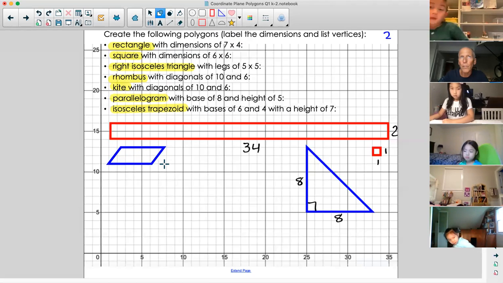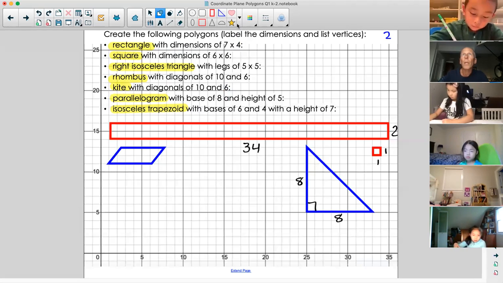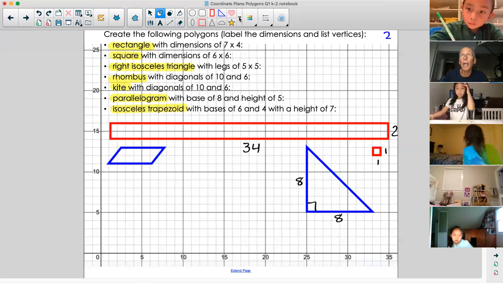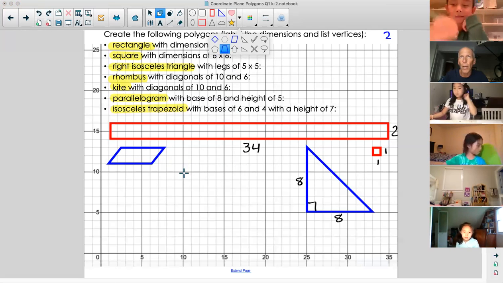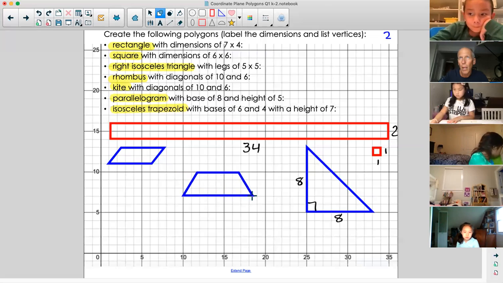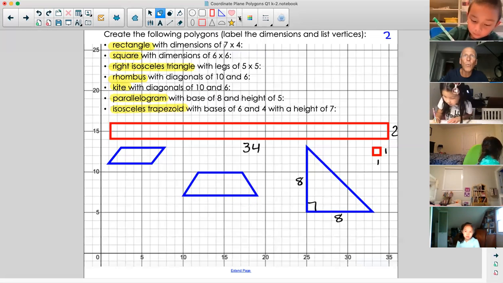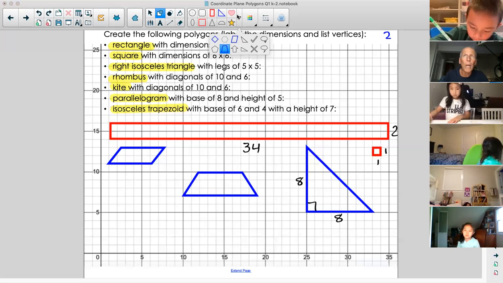And anybody who wants to try to draw one too. And now I'm going to try to draw an isosceles trapezoid. What's the diamond called? It looks like the top of a hexagon. Wait, say again?